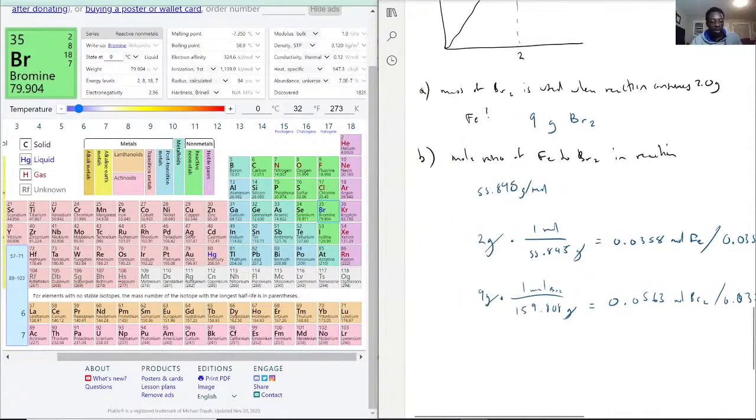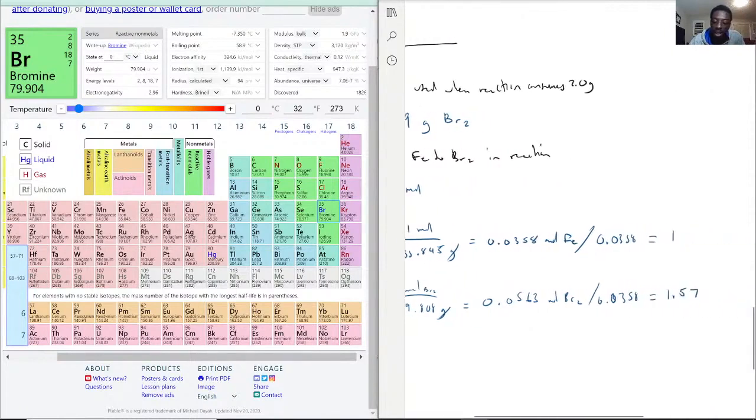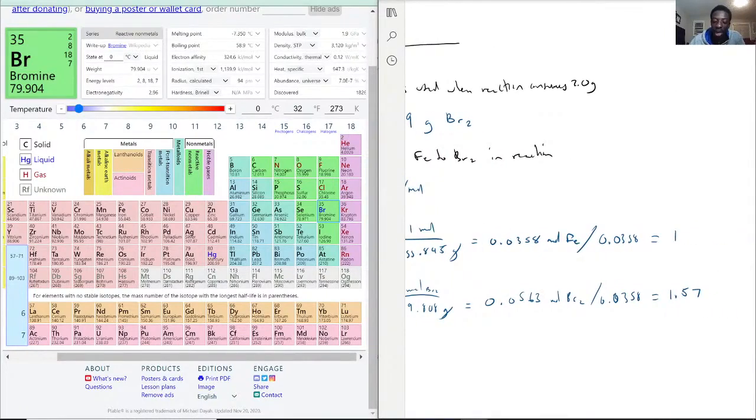A little bit unclean, but as an estimate, we would have almost a 1 to 1.5, or a 2 to 3 ratio. That's what we have there.